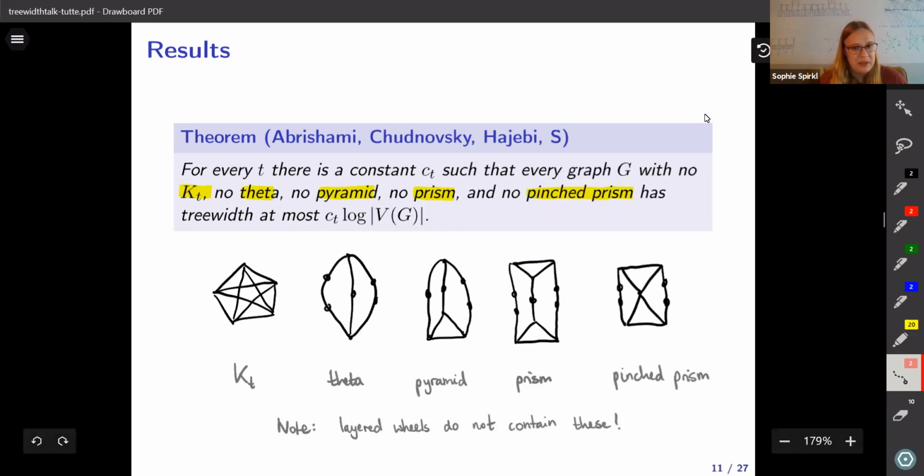And what we need to exclude for that is the series of pictures here: a complete graph, a theta, which you already know, two vertices with three paths between them, each of length at least 2, a pyramid, which is the same, except you have a vertex and a triangle, and now one of the paths is allowed to be just an edge. A prism where you have two triangles and each path is allowed to be just an edge. And this, which looks like a prism with one path of length 0.